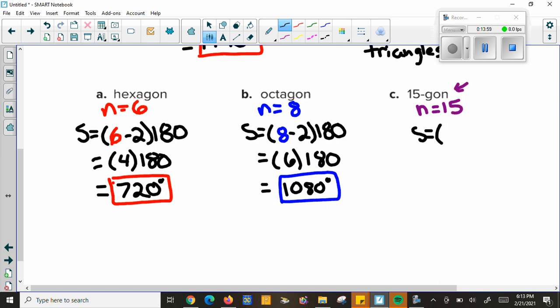I'll go ahead and place that into the equation. I'm going to clean that up.